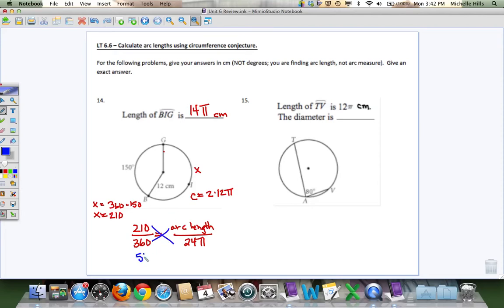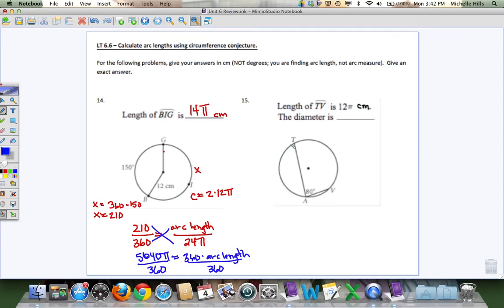So I get 5,040 pi equals 360 times the arc length. Then, to solve for the arc length, I would just divide both sides by 360. And 5,040 divided by 360 had better give us 14, and it does. So I have a couple of ways to attack that, but I can get to 14 pi centimeters either way.